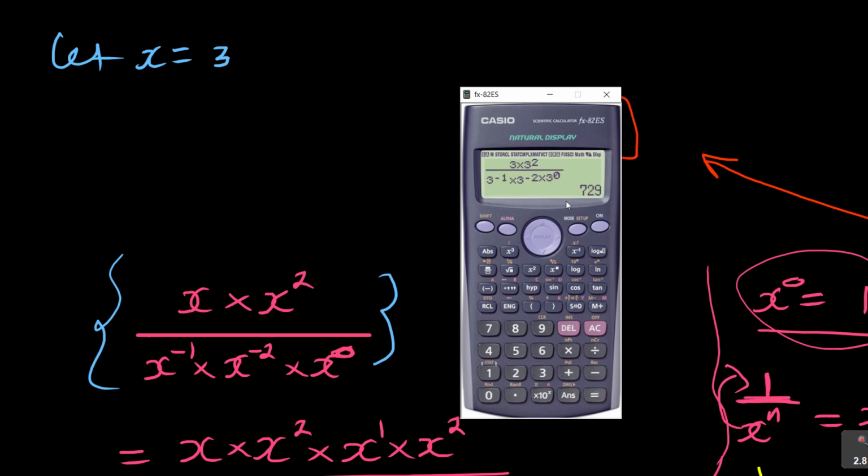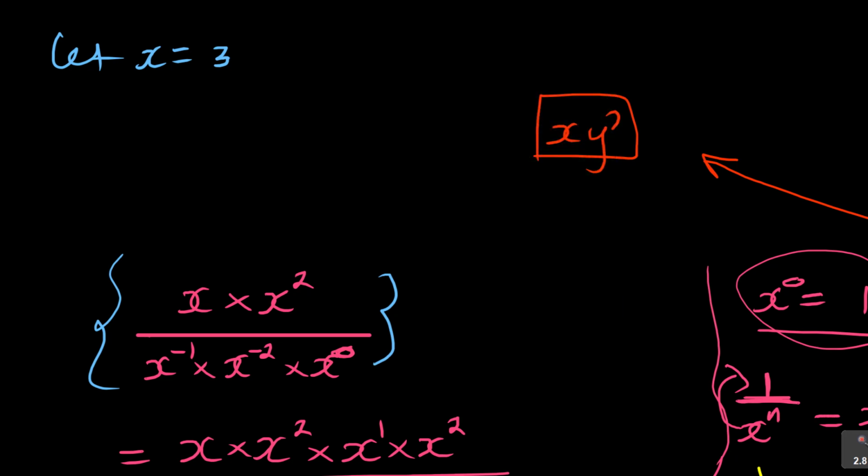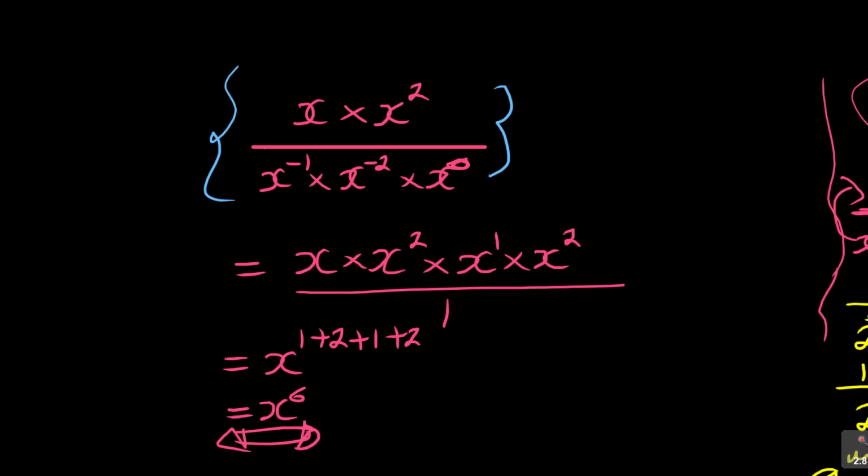If we apply 3, I'm getting 729. And the final answer, remember, was x to the power of 6. So if you say 3 to the power of 6, remember our x is 3, 3 to the power of 6 is 729, you see? So this one gave me 729 when x is equal to 3.